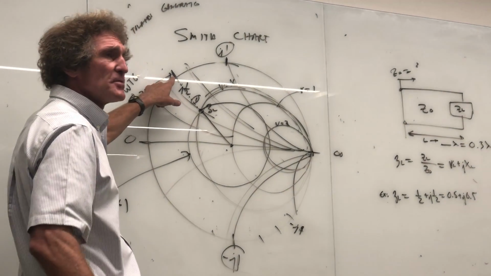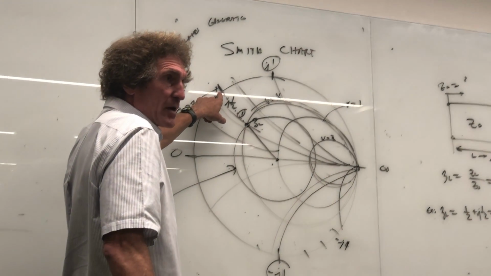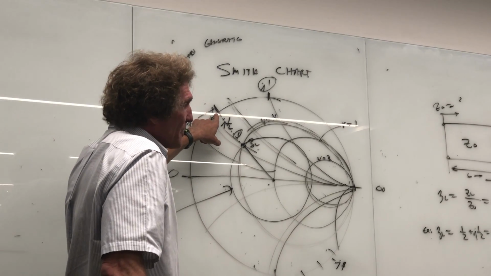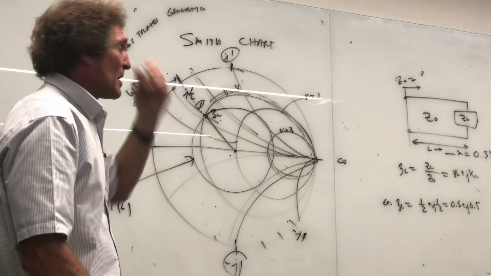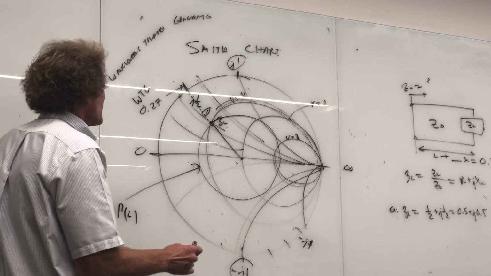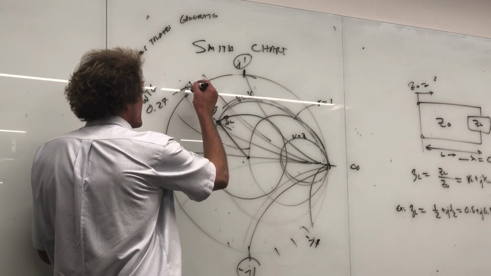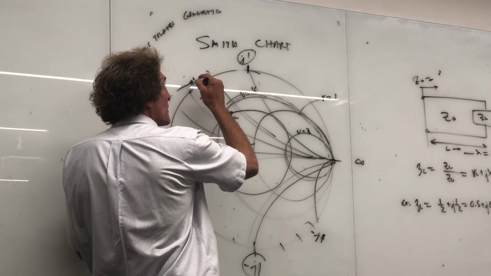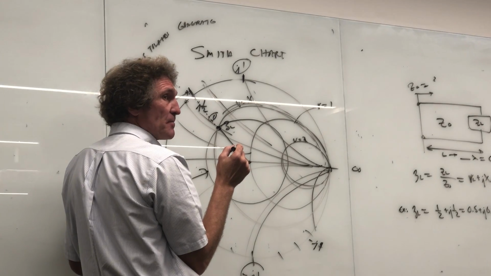Can you all see it's about 0.2 something there? 0.25 is right here. This is about 0.27, isn't it? Just take a look, roughly. Now, if I'm moving 0.3 lambda, I start here on 0.27 and add 0.3, that's 0.57.